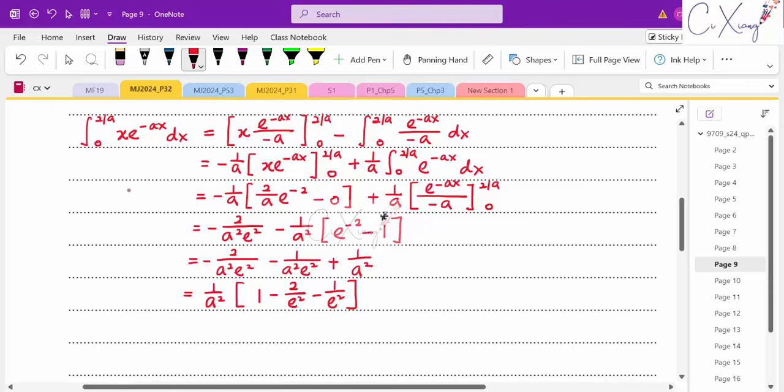So negative 2 over e square and negative 1 over e square, it is like you minus 2 apple, then minus 1 apple again. So to simplify them, you should have 1 minus 3 over e square. Okay, so I will keep my answer in this form because they are asking for exact value or exact answer. Alright, so this is how we solve question number 6.